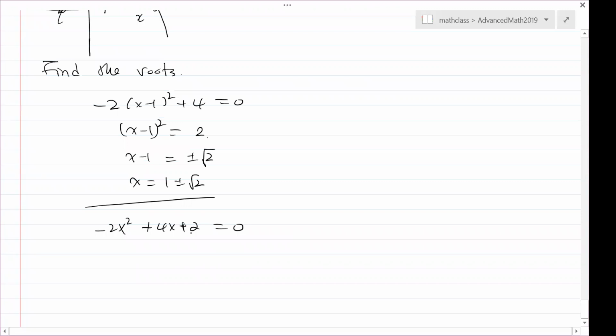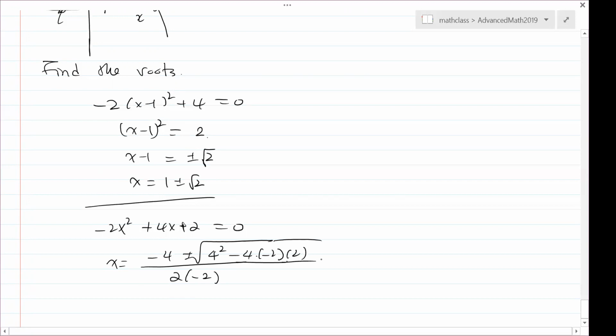If you want to find the standard form, it's fine. If you don't, you still can find the roots using the quadratic formula: negative b plus or minus the square root of b squared minus 4ac, all over 2a.